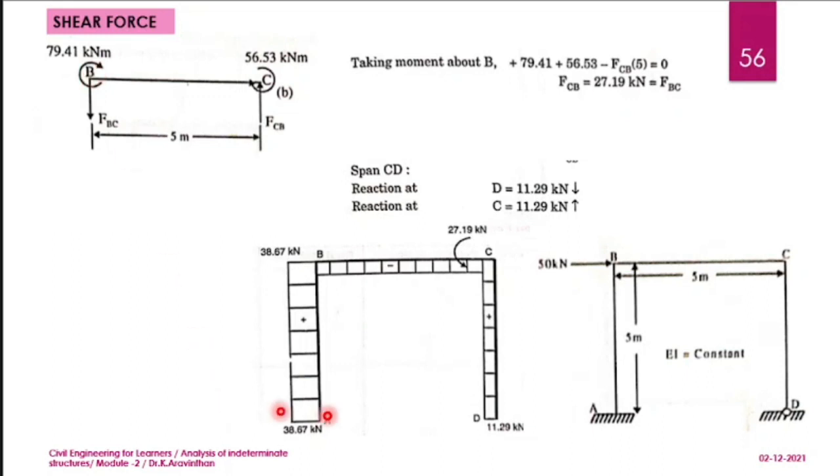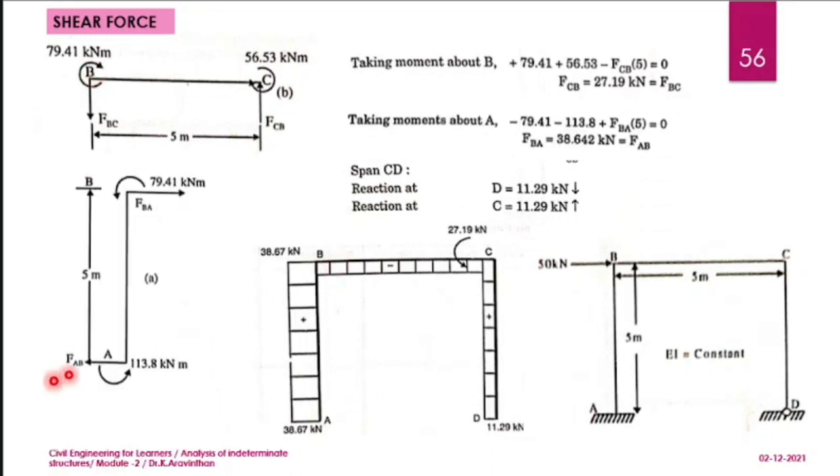And the next member is A and B. Let us take the A and B member. So when you are considering the A and B member, you had the moments of 113.8 kilonewton meter and 79.41 kilonewton meter, and both are anti-clockwise. How to find the reaction at FAB? See, it is not required to apply the direction of the reaction. So you can assume whichever way you like.